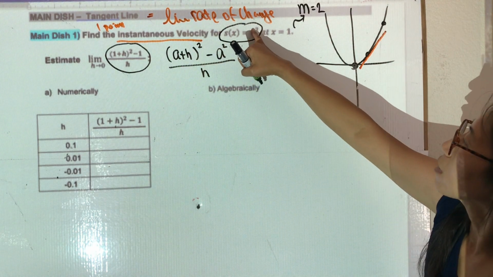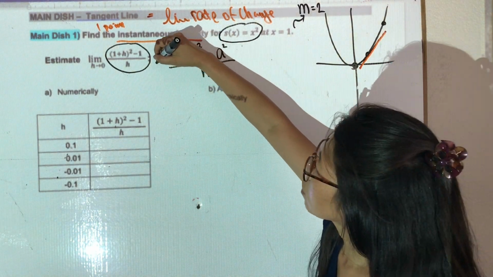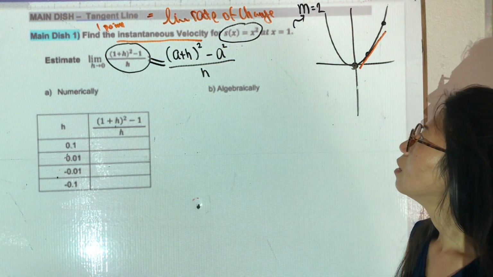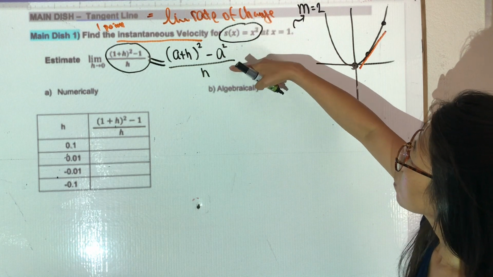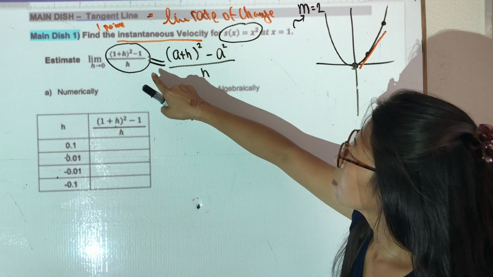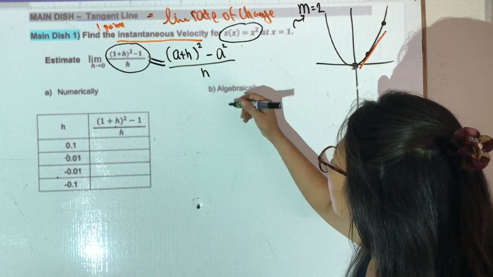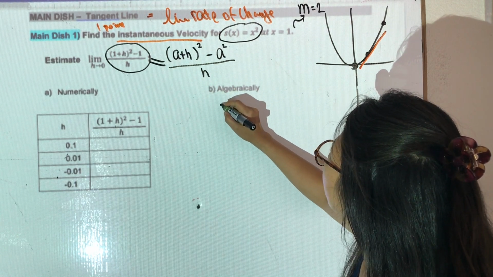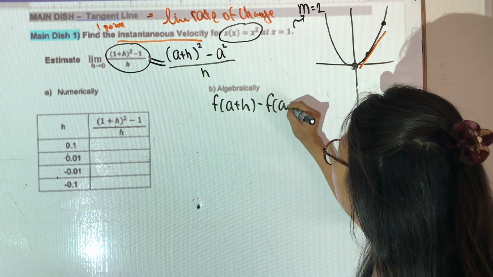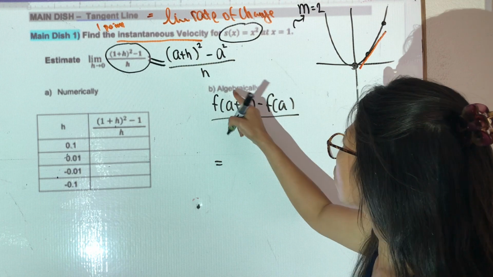Already by plugging this into the rate of change, I need you to see this, not me. So from here to here, when you plug in the rate of change, that is going to be this one. Algebraically, what they did, I just plug in f of a plus h minus f of a over h.